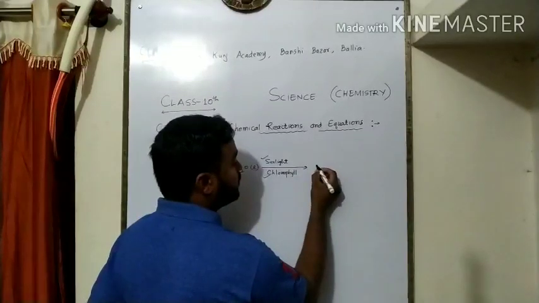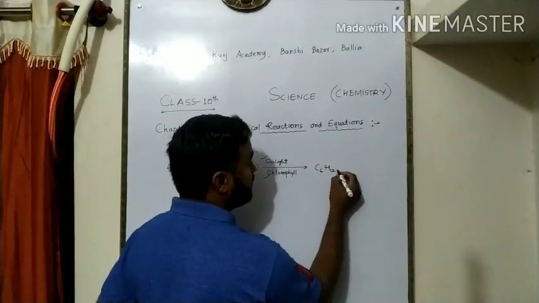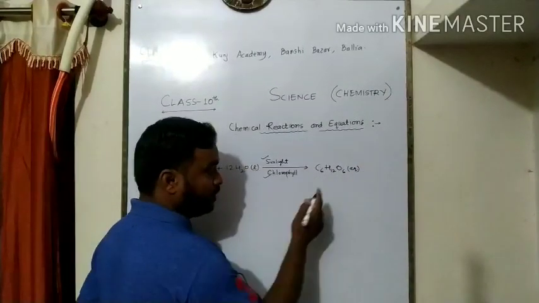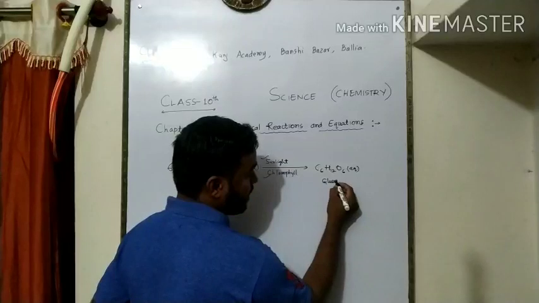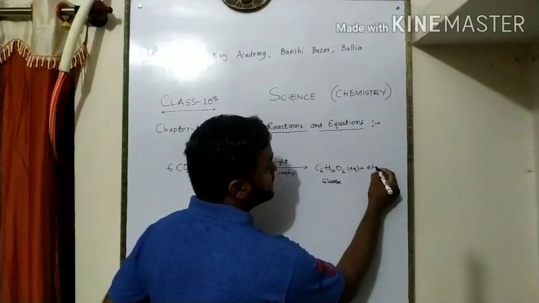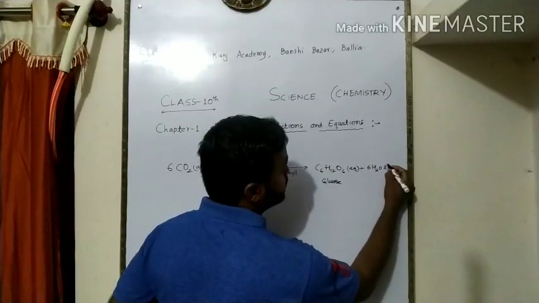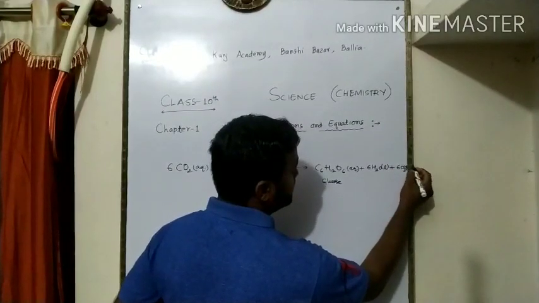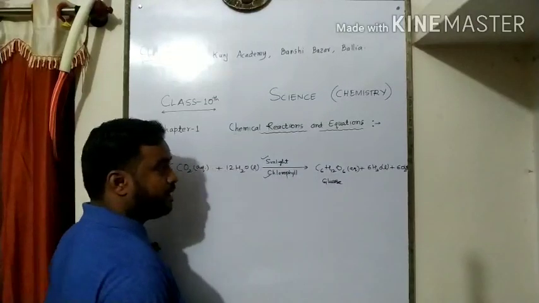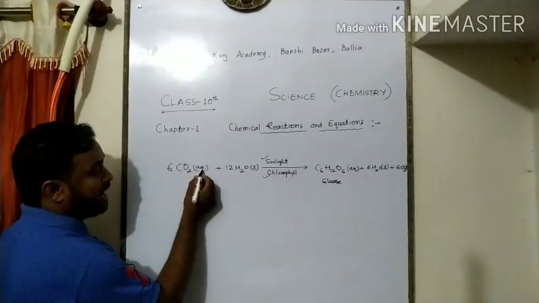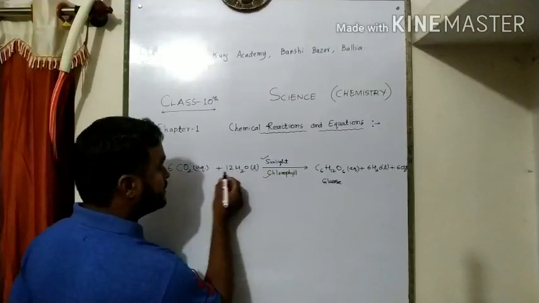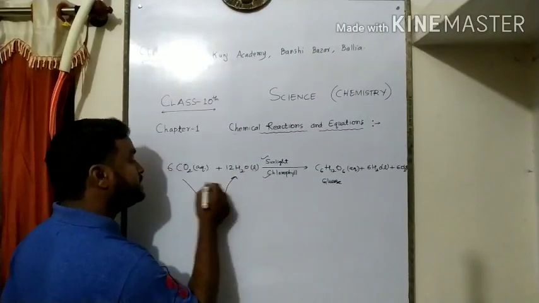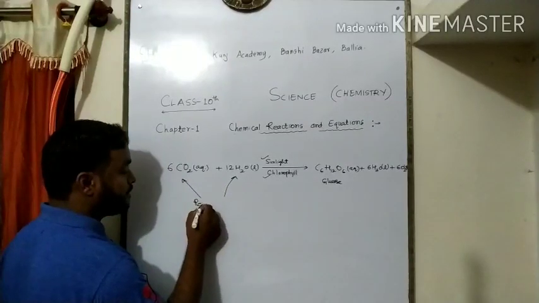When these two react in presence of sunlight and chlorophyll, they will form a different set of substances. One will be glucose, C6H12O6, which is also present in its aqueous state. One is H2O, liquid again, and another one is dissolved oxygen, which is present in gaseous state. So here the aqueous form of carbon dioxide and H2O, these two are acting as reactants.